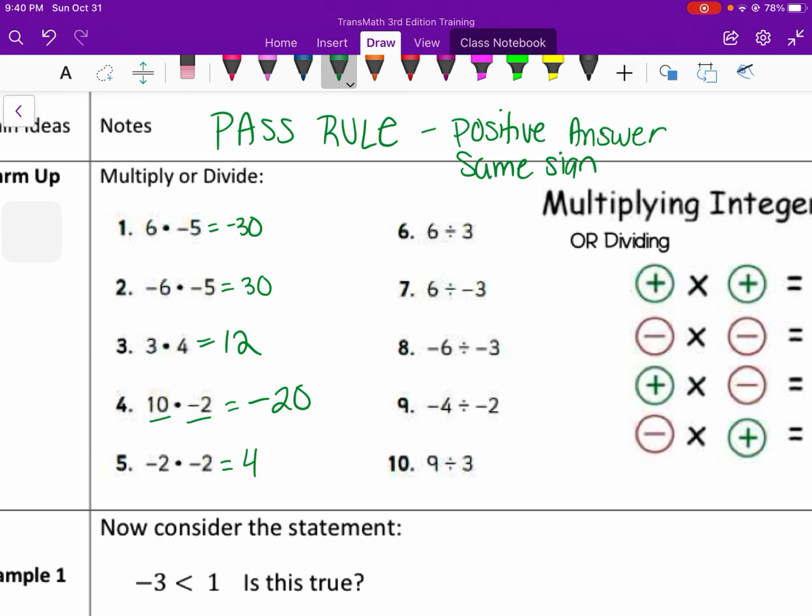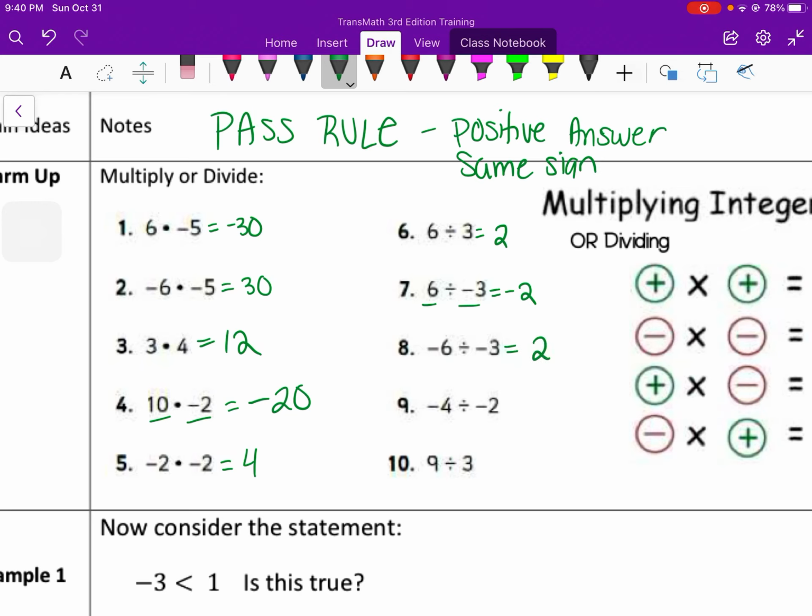The same thing works with division. 6 divided by 3 will be positive 2. Both positive, positive answer. But 6 divided by negative 3, different signs, negative answer. 6 divided by negative 3 will be negative 2. Negative divided by negative will be a positive answer.